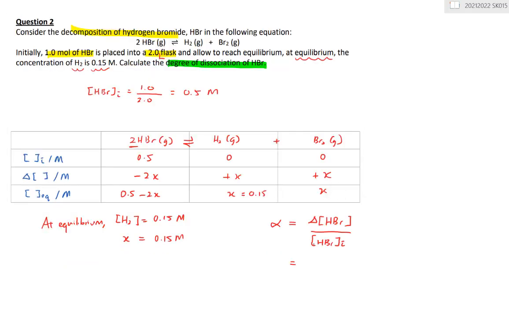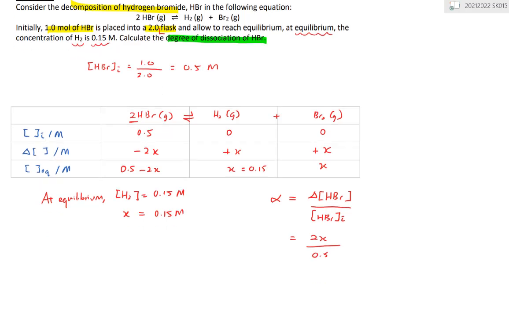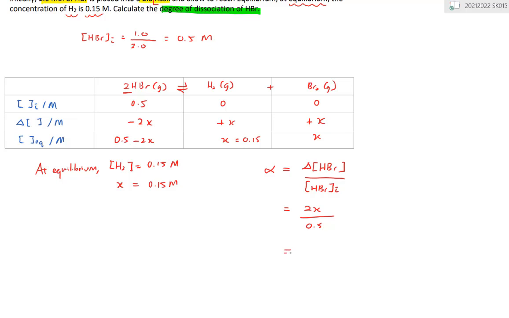over the initial concentration of HBr. So fill in your values. Change in concentration of HBr equals 2x. Again, you don't have to put in the negative sign. Okay, so 2x over HBr initially is 0.5. So substitute your value of x into the formula. So 2 times 0.15 over 0.5.